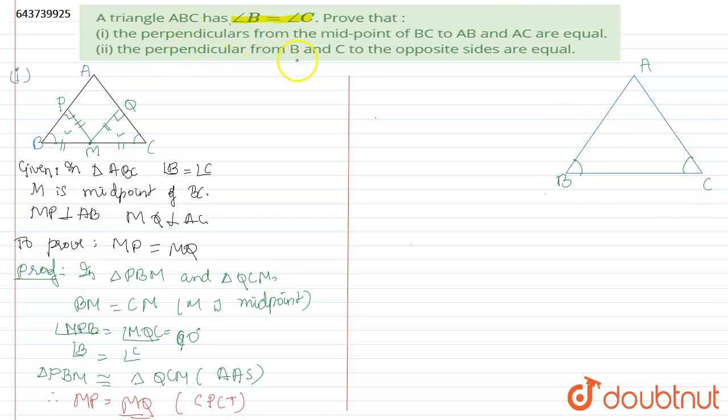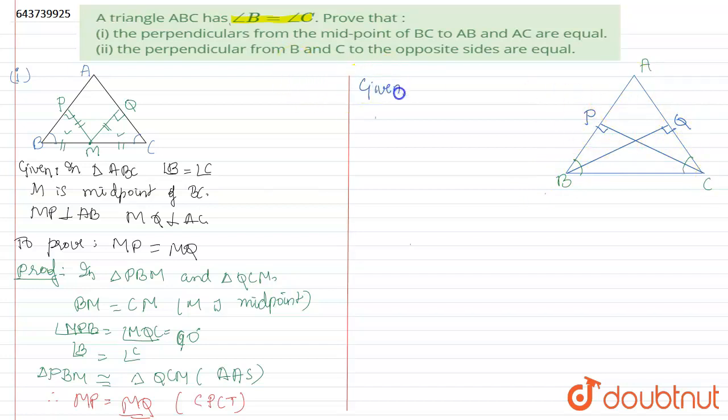The perpendiculars from B and C to the opposite sides are equal. So we must prove that the line drawn from B to the opposite side, that is the perpendicular line, and also the line drawn from C to the opposite side, that is also a perpendicular line, are equal. We can name them P and Q. So BQ and CP are equal, we must prove.